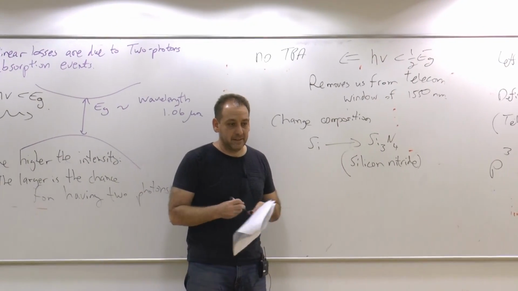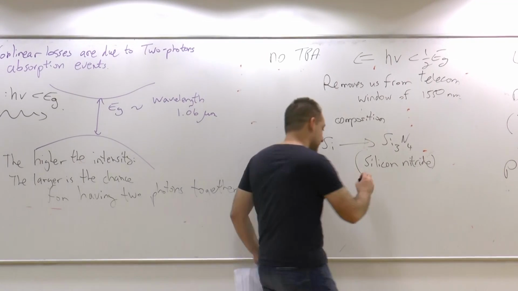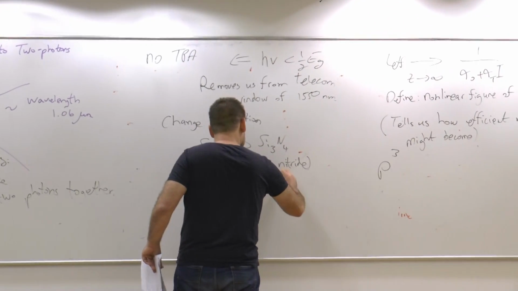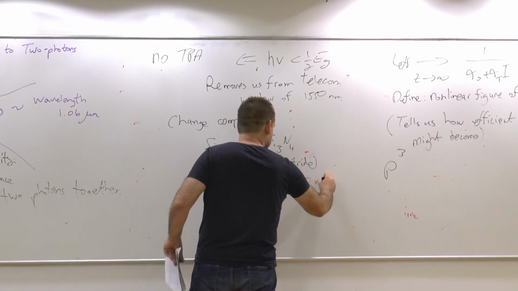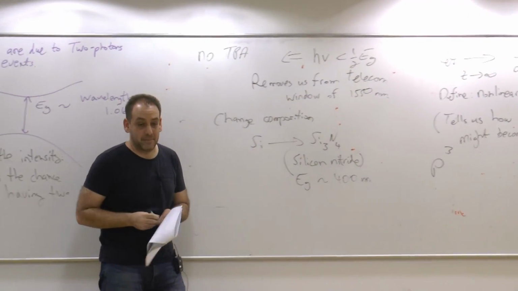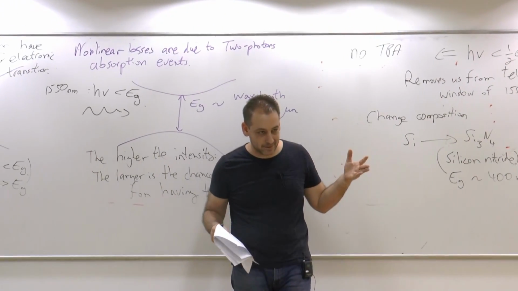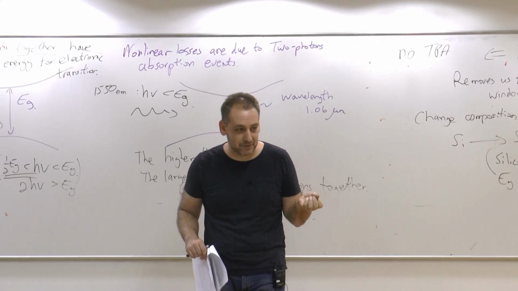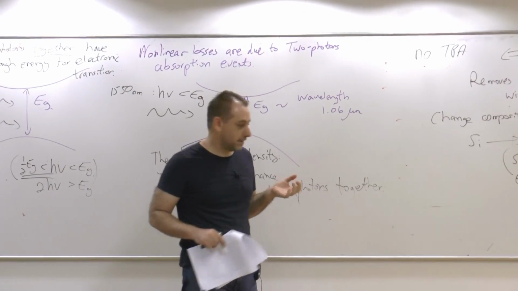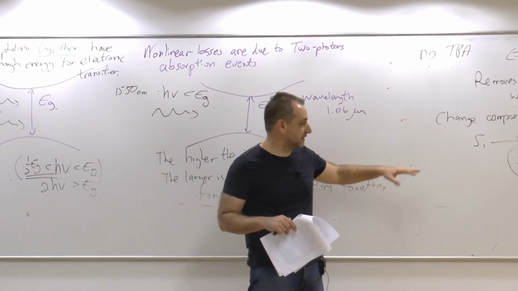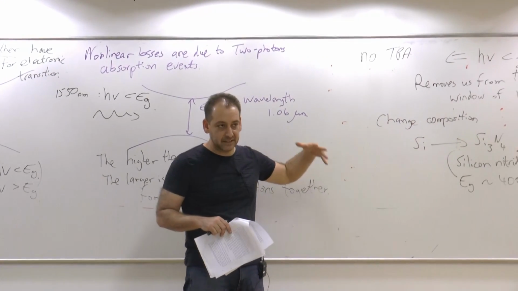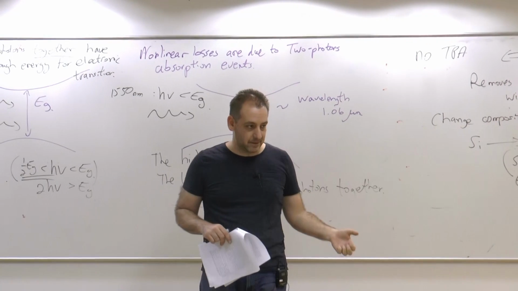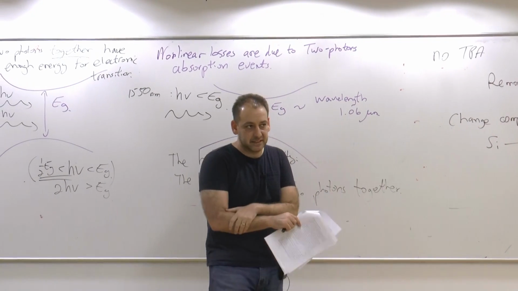And the big deal here is that the band gap corresponds to short visible wavelengths. So if the band gap is so large that at 1550 you do not see two-photon absorption, you do not even see 3-photon absorption. Silicon nitride has very low losses in the linear regime, pretty much like you would see in silicon.